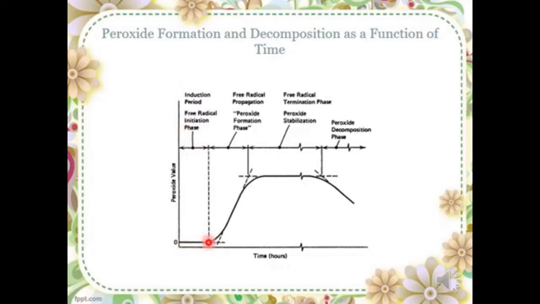As it propagates over time, the peroxide value will increase, because it's being formed during the propagation phase, until at one point it stabilizes during the termination phase, where the radical meets with another radical, and then once it terminates, of course the peroxide value will decrease, and this is the decomposition phase.